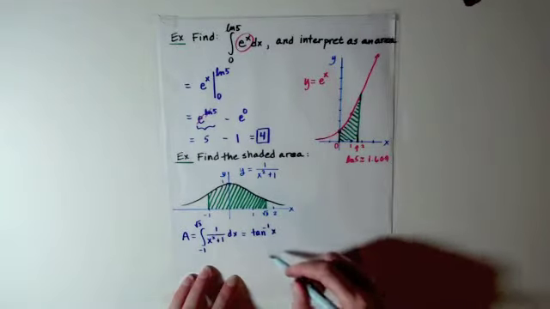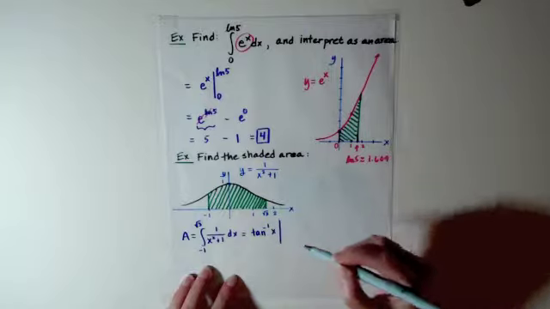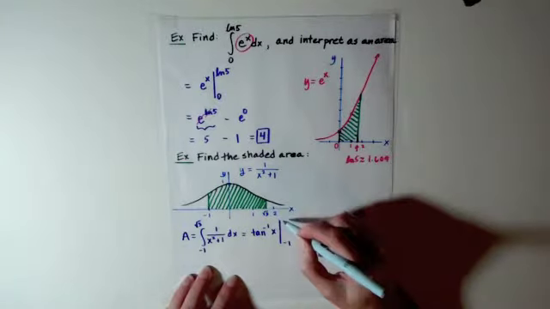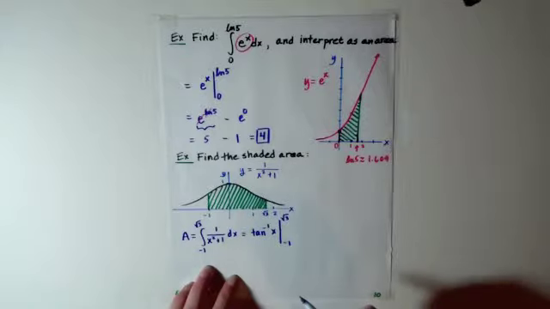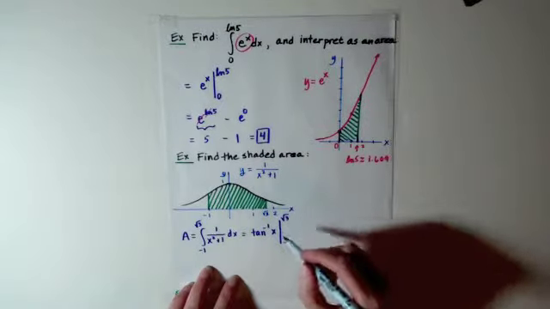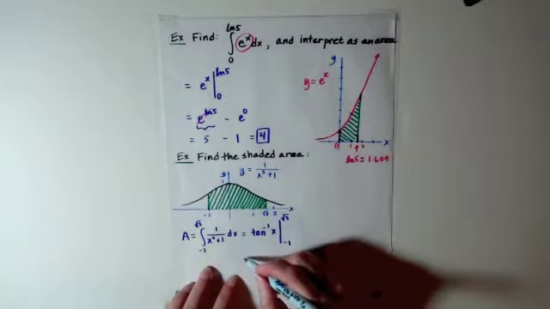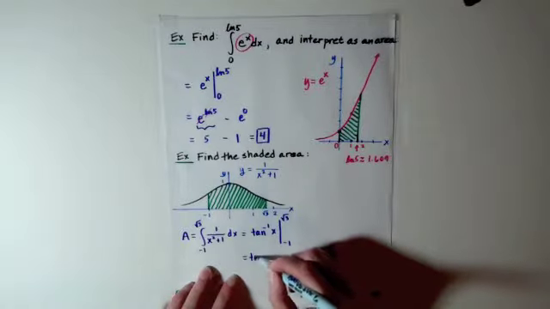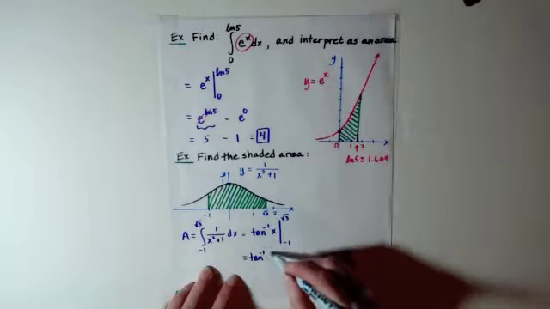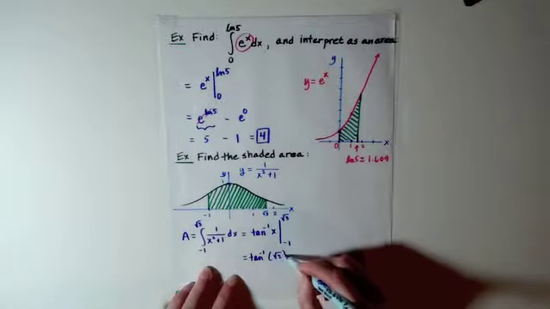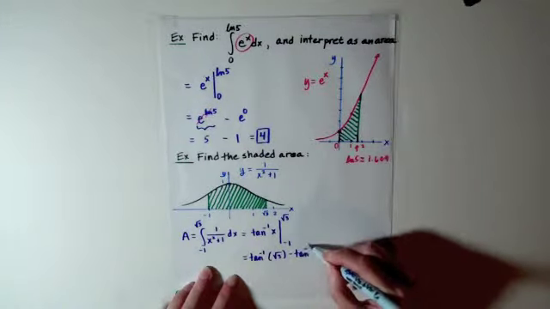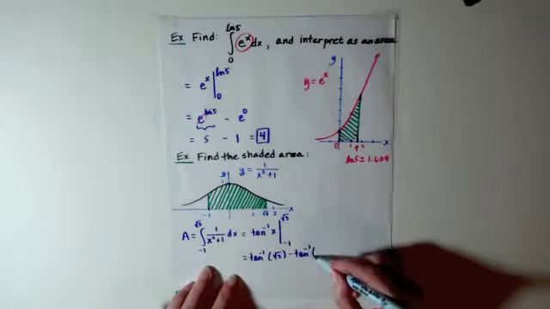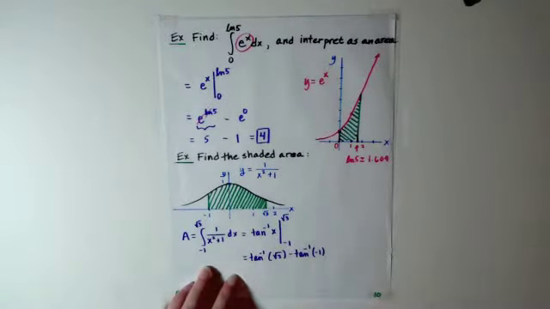So now I found an antiderivative. I want to evaluate that from x equals -1 to root 3. And remember that we always want to plug in the top limit first, so I put in the upper limit. That would be the inverse tangent of square root of 3, and I subtract the value of my antiderivative, inverse tangent, evaluated at the lower limit, -1.